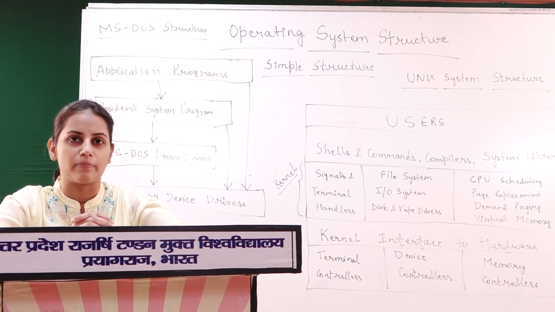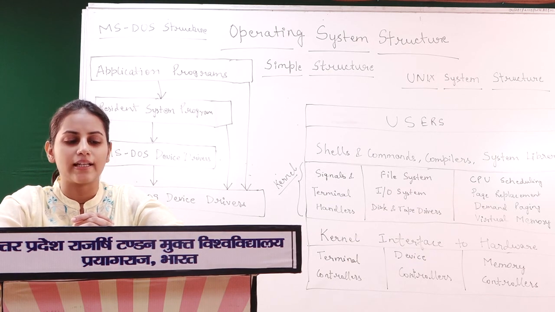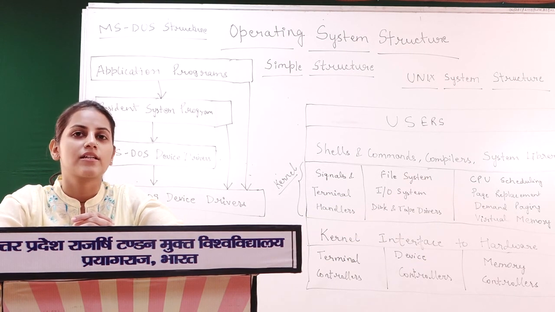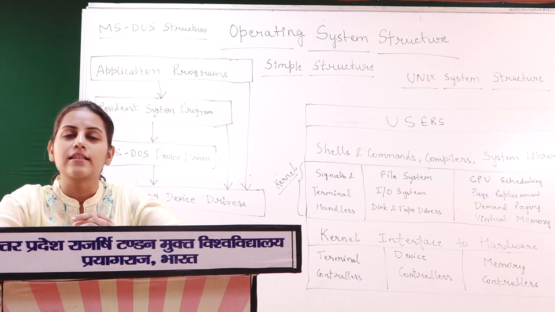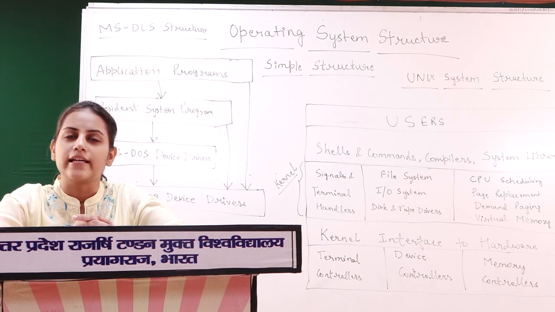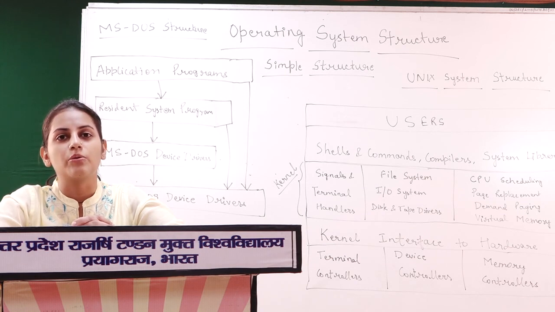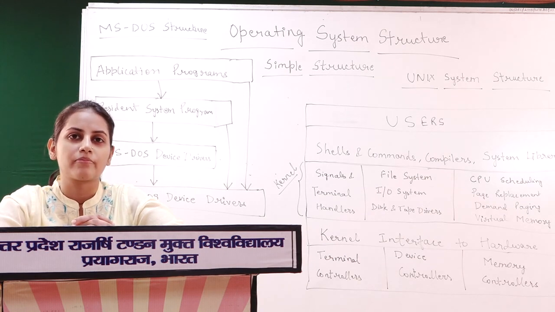the operating system. We will start our discussion of the structure of the operating system with the simplest structure. This is the oldest structure, which was designed when operating systems were initially developed. Examples of such structures are the MS-DOS operating system and the original Unix operating system.